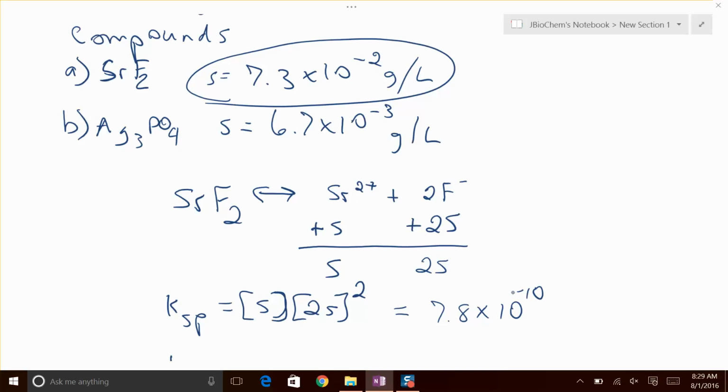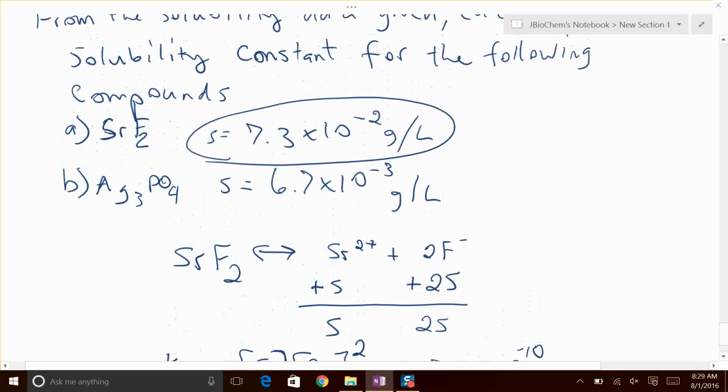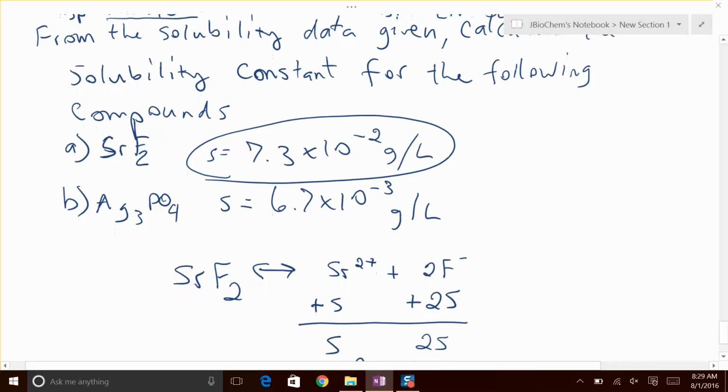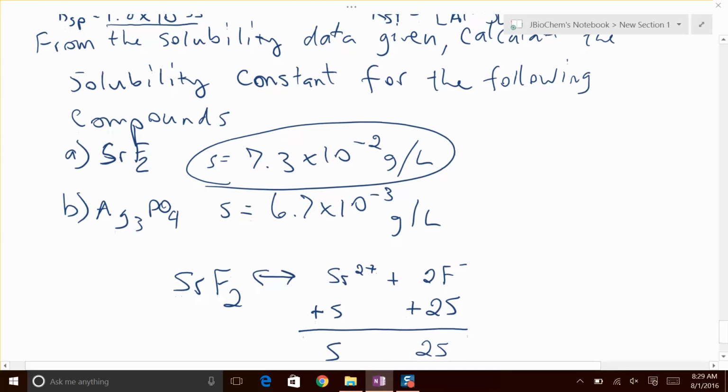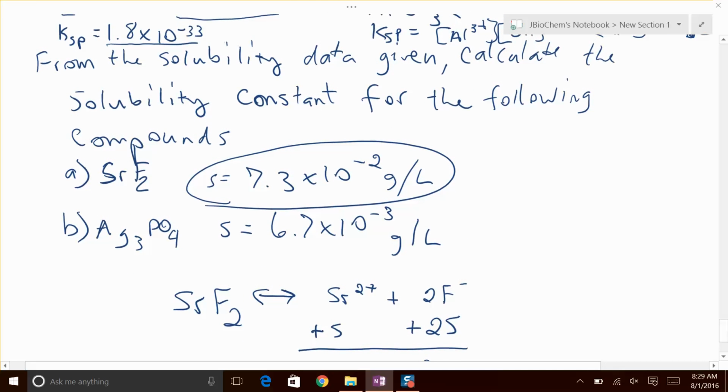Calculate the solubility constant for the following compounds. So calculate KSP for this, just like we did for this one.